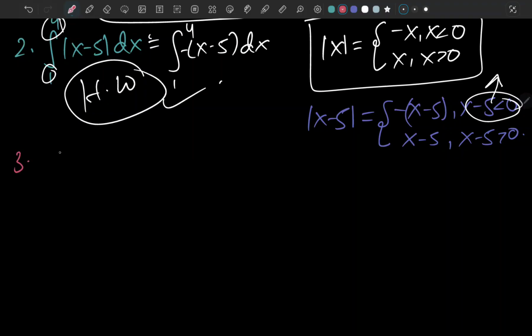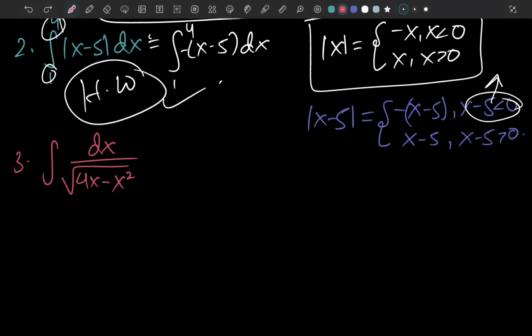So the third is the integral dx over the square root of 4x minus x squared, right? Okay, pause for a second, and think about how you would deal with this. Everything is sitting in the denominator, so it is quite difficult at first. But anyways, let's try some methods.